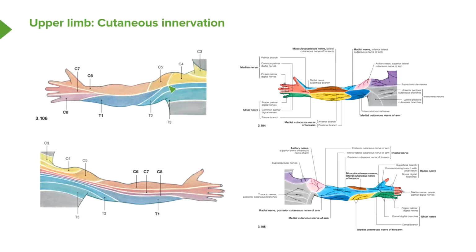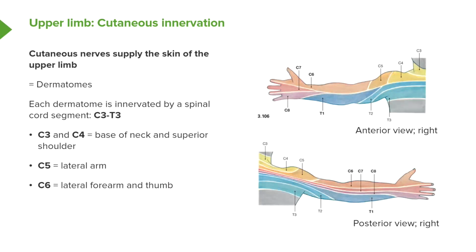So, for example, we can see here we have the cutaneous innervation of the upper limb, an anterior view of the right and a posterior view of the right. And we can see that the upper limb has a nerve supply from the C3, C4, C5, C6, C7, C8 cervical spinal cord segments.